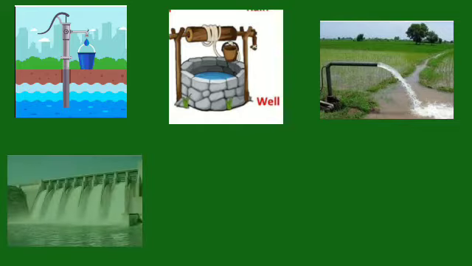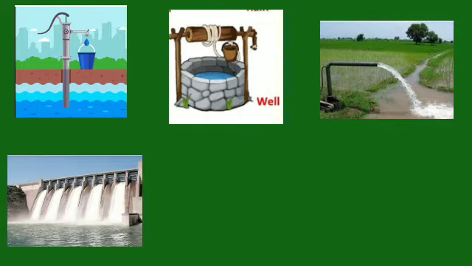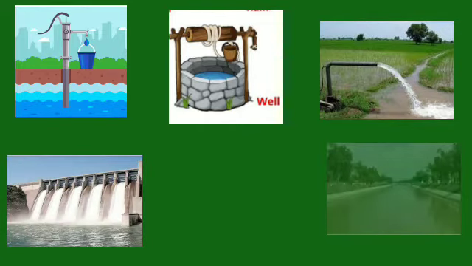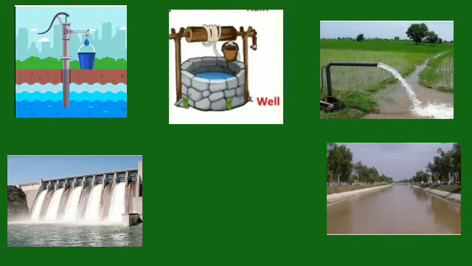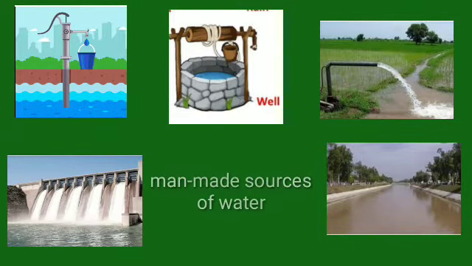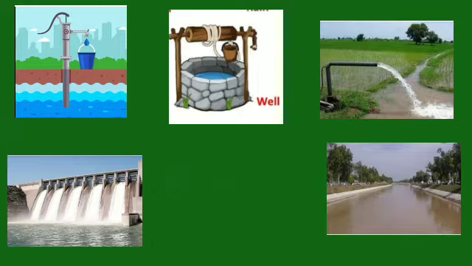And also, dams and canals are built to use river water. And these are man-made sources of water. Dams, canals, tube wells, hand pumps. Right, children? Now, children, how do you think the water reaches our homes?